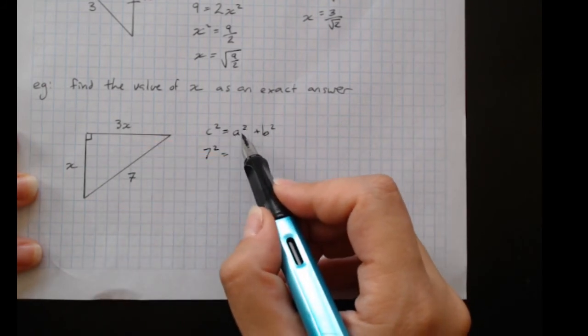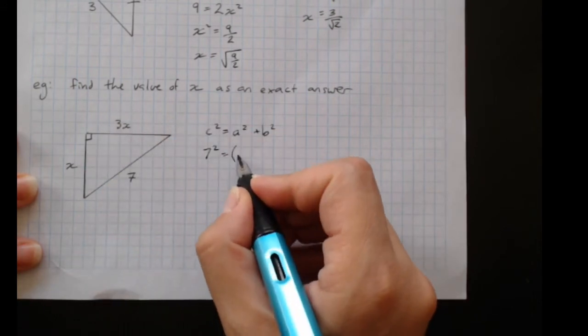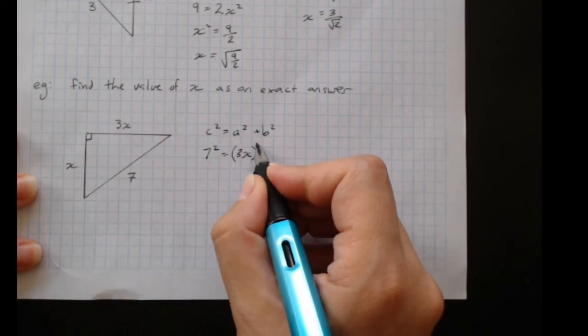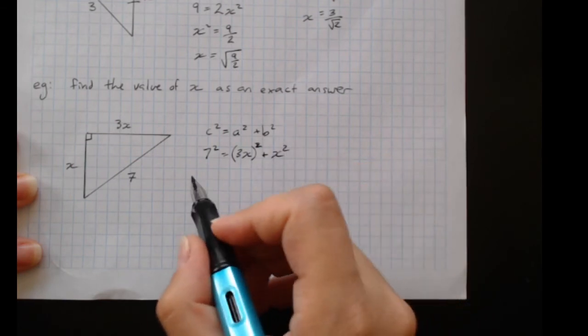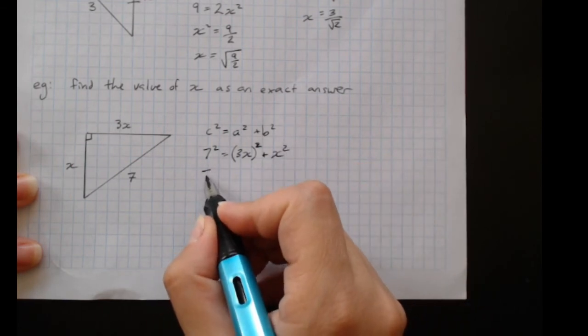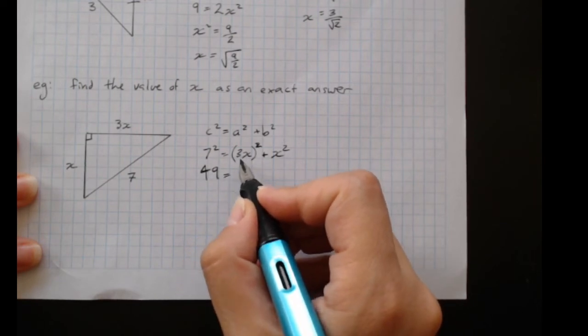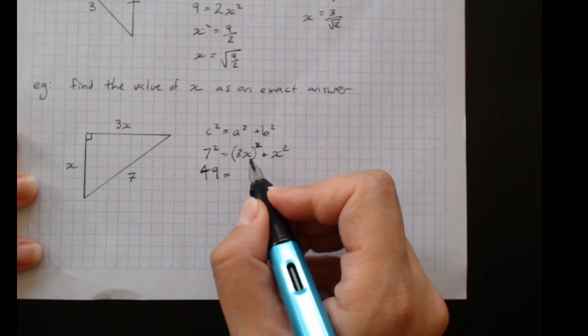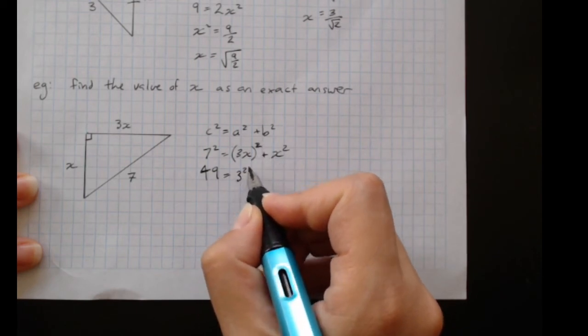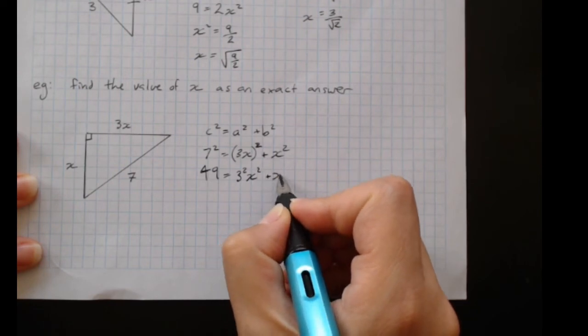Now, do remember that when I square 3x, that will have to be in brackets, 3x squared. And when I expand that, if you remember your index laws from Year 8, that's 3 squared and x squared. We're squaring everything in this term.